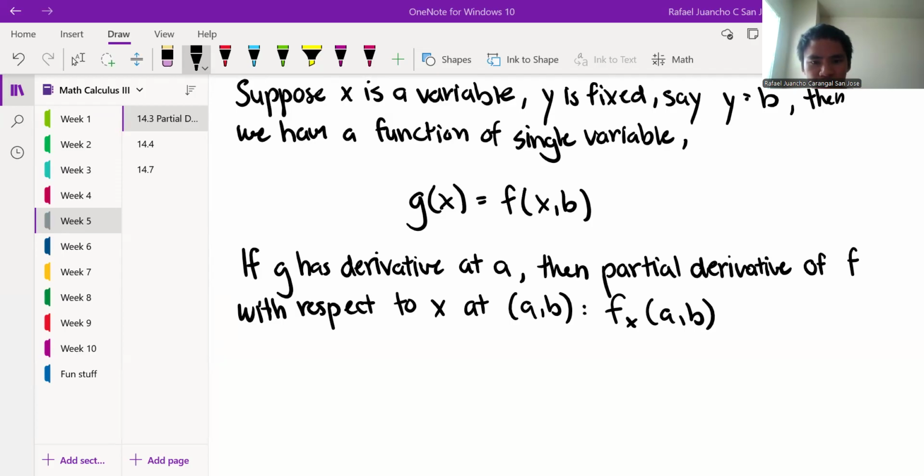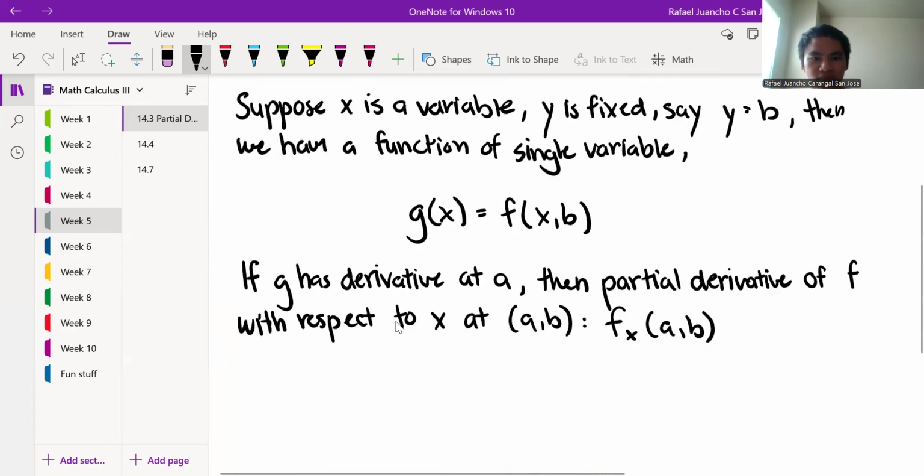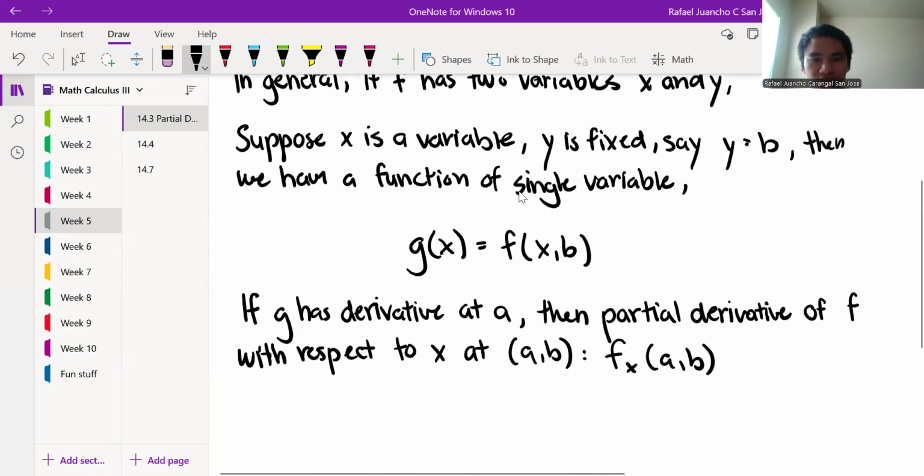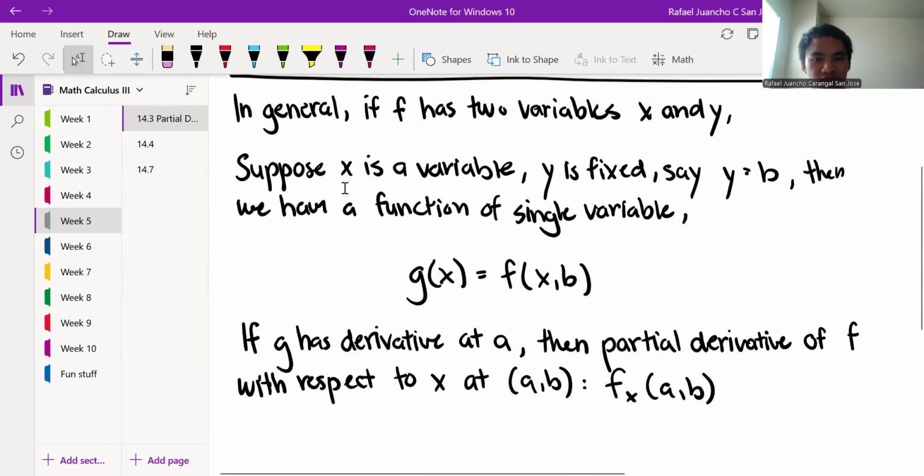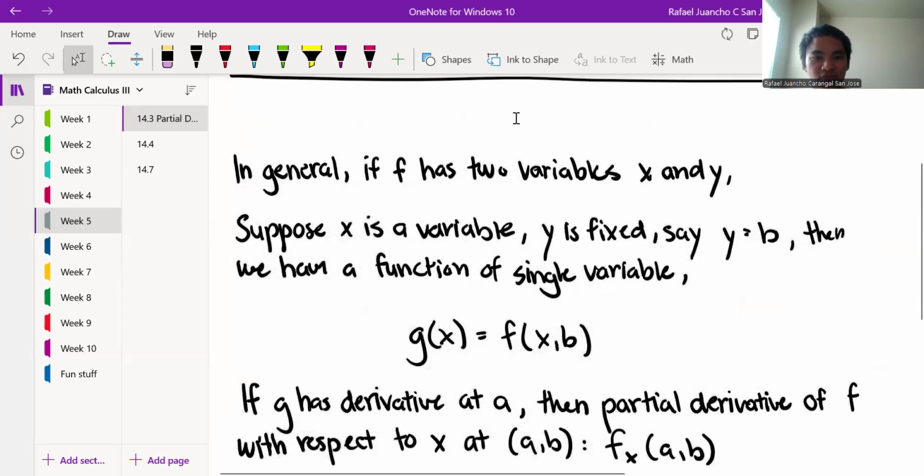Okay. Actually, let me do this because I'm trying to follow what the textbook is doing. Let me just do that. And here, this is basically the partial derivatives of functions of two variables.